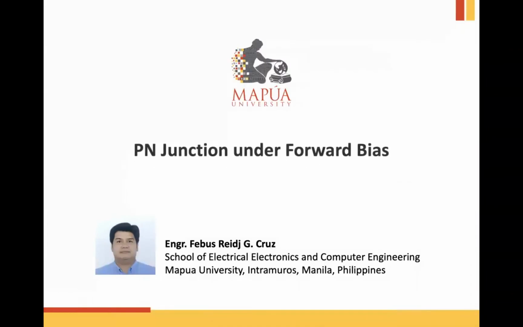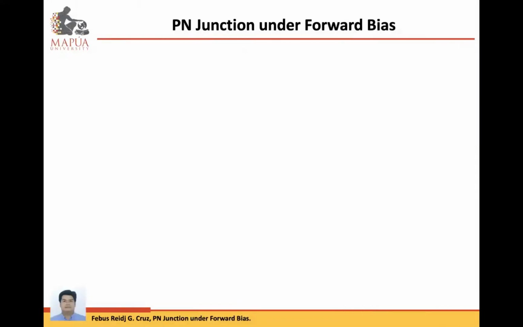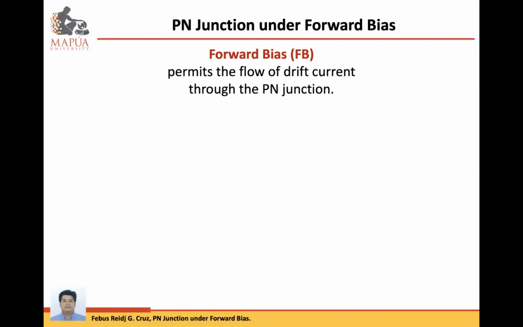So we can proceed with the PN junction under forward bias. So this is the PN junction under forward bias. So again, when you say forward bias or FB, this permits the flow of drift current through the PN junction.